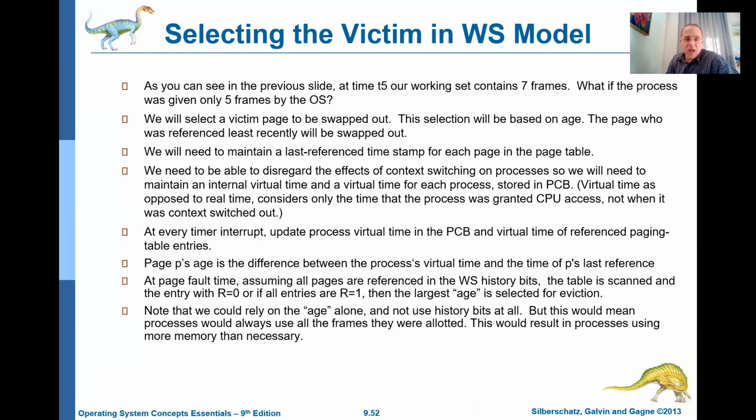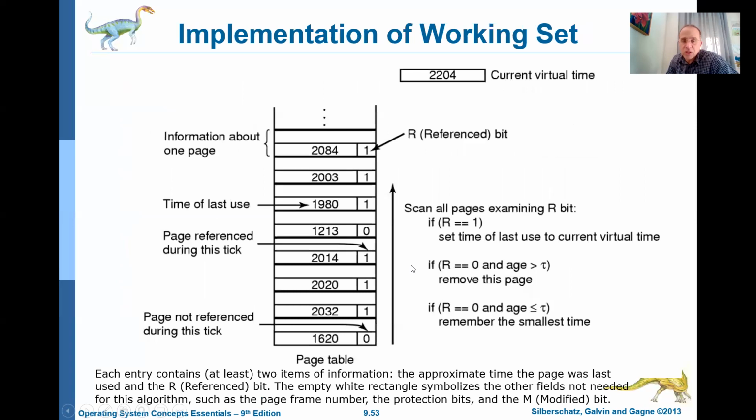The table is scanned, and the entry with R equals 0 is selected, or if all entries are R equals 1, then the largest age is selected for eviction. So if I have to choose somebody, I'm going to choose somebody with the largest age. But also, this diagram is actually thinking about it without the WS bits. In other words, I could just do it like this.